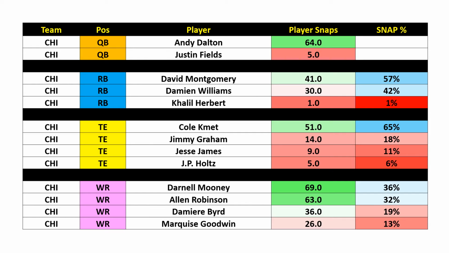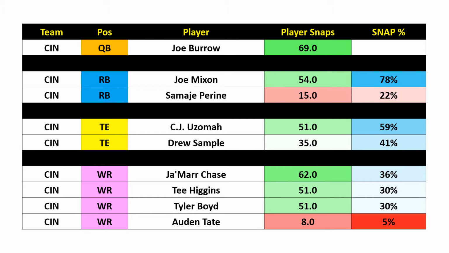Mooney, Allen, 1A, 1B. Didn't score a lot, but I think with the possibility, don't give up on Mooney yet. Mixon, Perine, Ryan's the backup. Uzomah and Sample looks like they're going to split time. That doesn't help.